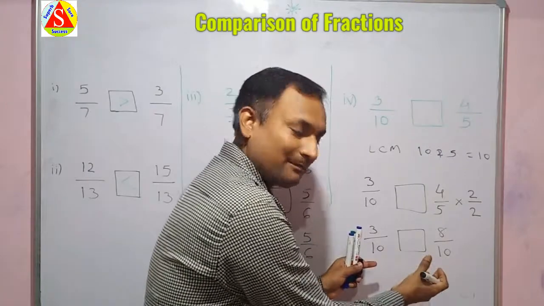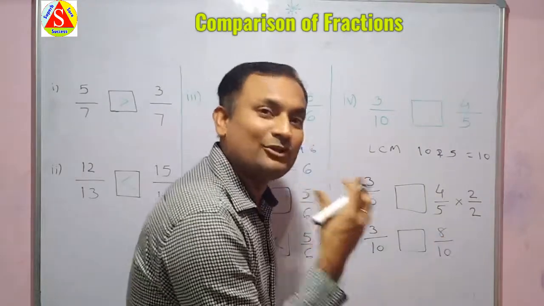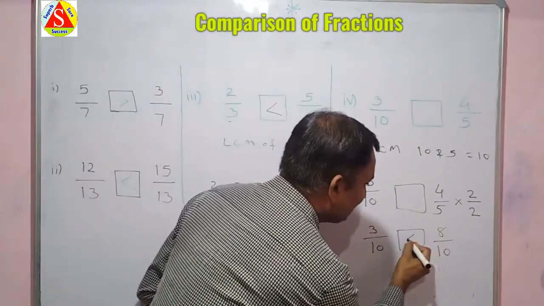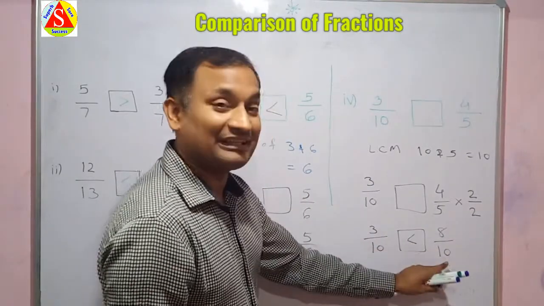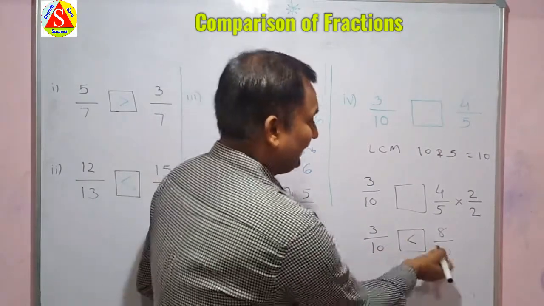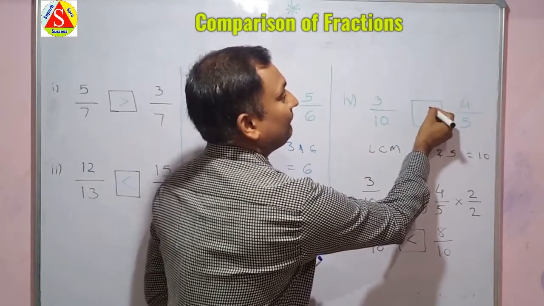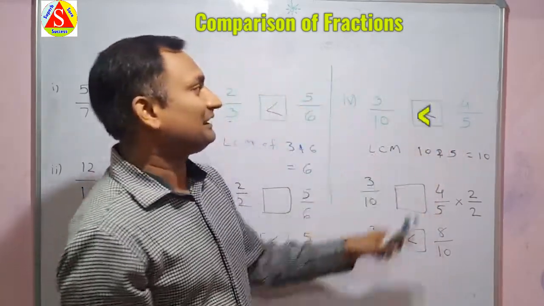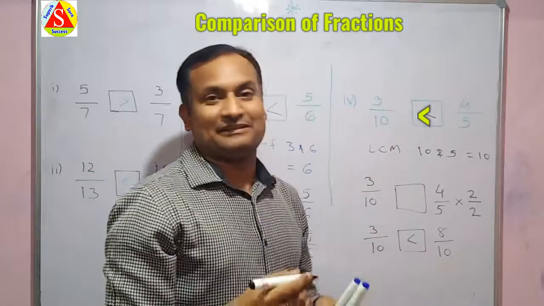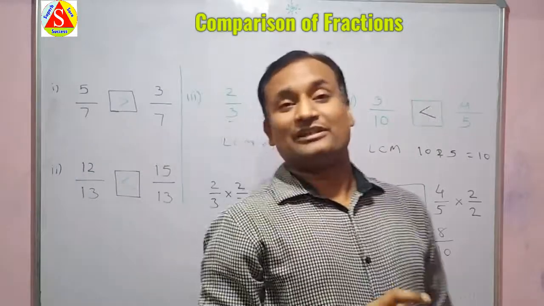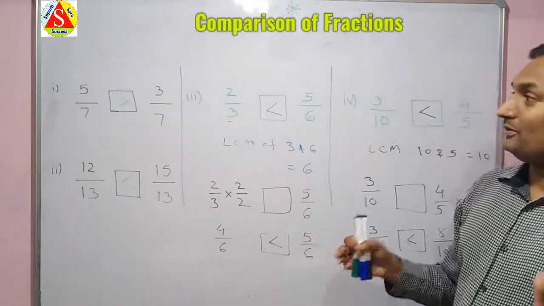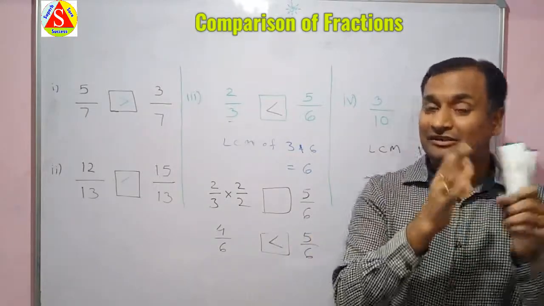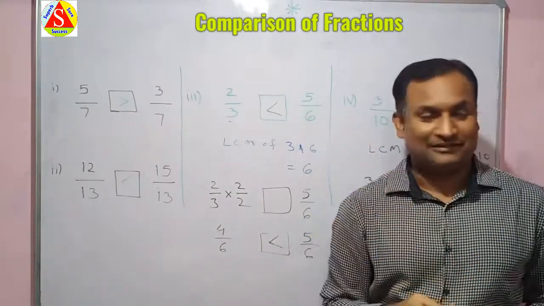Now you can see we have the same denominators, or like fractions. Now we can easily compare by seeing the numerators. Here you can see the numerator 8 is greater than 3. So we can say that 8 by 10, or finally 4 by 5, is greater than 3 by 10. I hope dear students, now it will be clear to you how to compare two fractional terms.